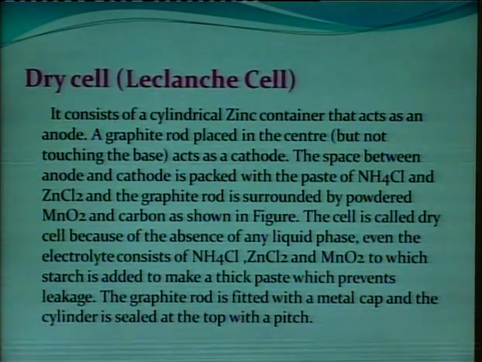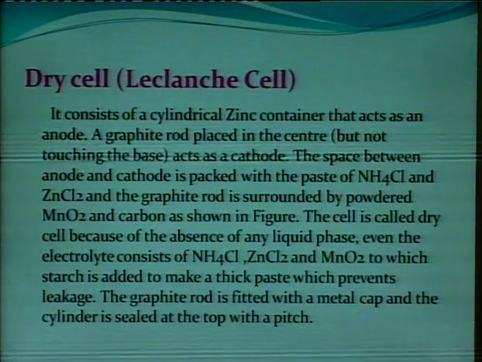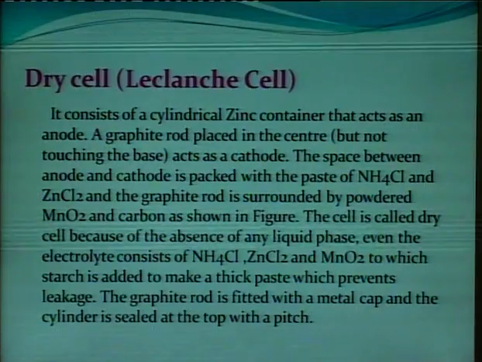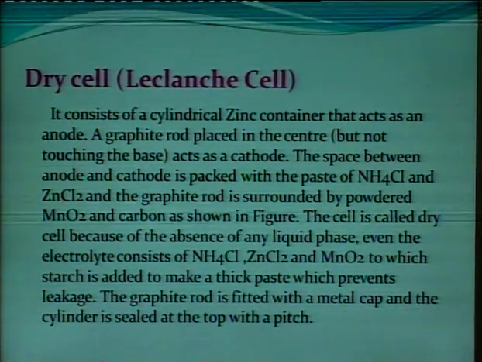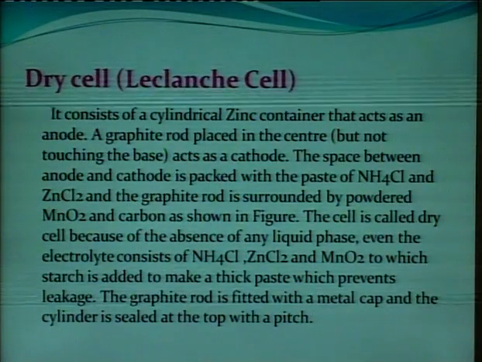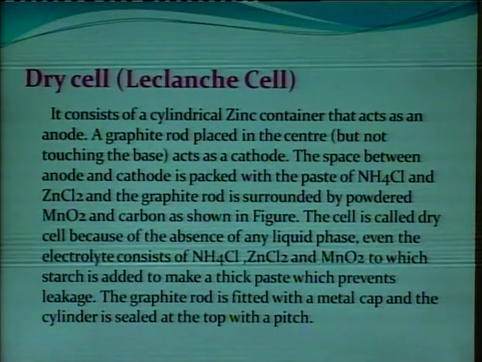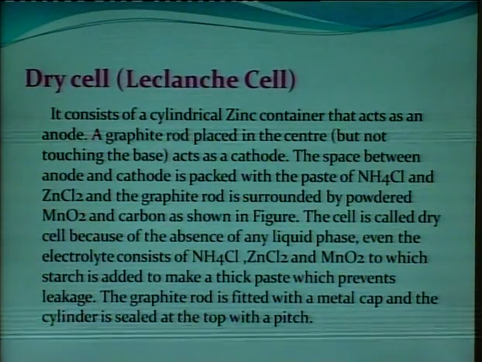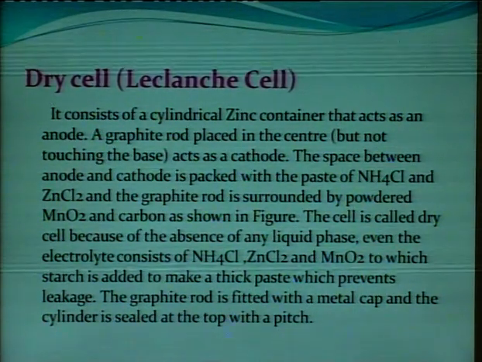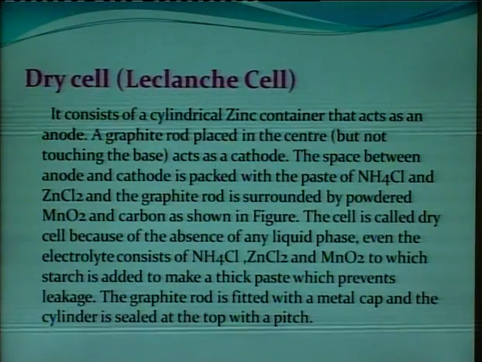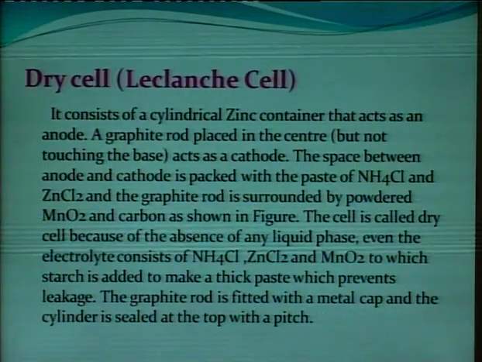Dry cell. It consists of a cylindrical zinc container that acts as an anode. A graphite rod placed in the center, but not touching the base, acts as the cathode. The space between anode and cathode is packed with a paste of ammonium chloride and zinc chloride, and the graphite rod is surrounded by powdered manganese dioxide and carbon, as shown in the next figure.